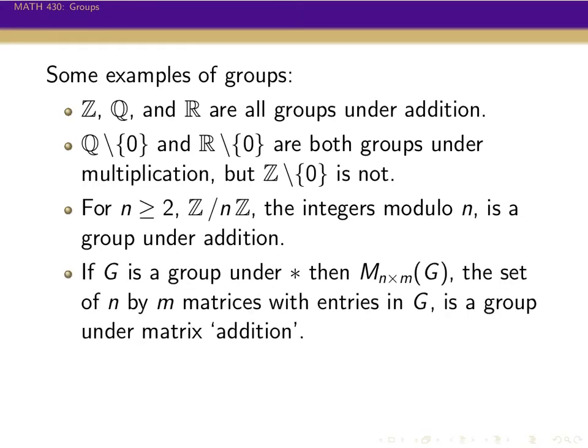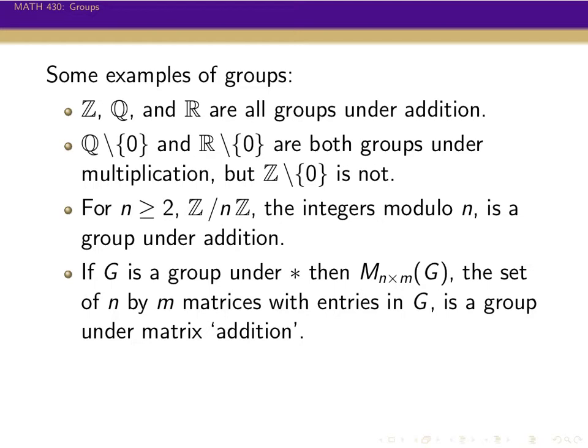If I already have some group with operator star, then I can make matrices, the n by m matrices where the entries are in G, and that's going to be a group under matrix quote-unquote addition, where what we mean by addition is if you add two matrices together, you do the operator entry-wise. So top left entry to both of them, you do the operator on the two entries.